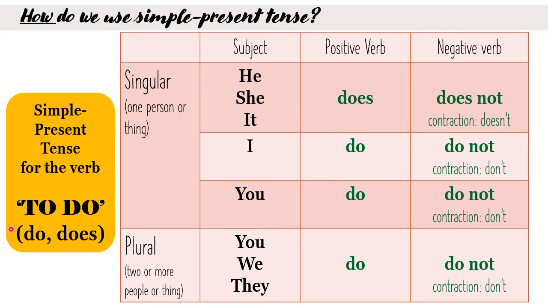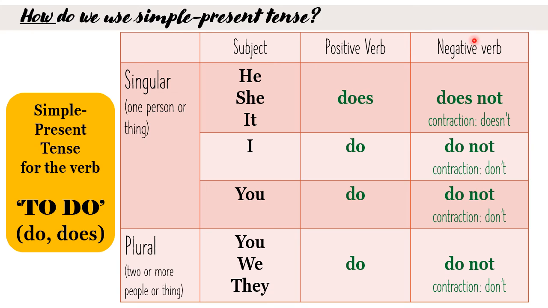For the verb to do, okay, this is the original word do. It becomes do or does. Now, when do we use do or does? Okay, for he, she, it, it's does. Okay, so it's the same rule as just now. When it's singular, you always add s or es. Okay, so if it's something that is a positive verb, like something that they do, okay, so it's he, she, it does.